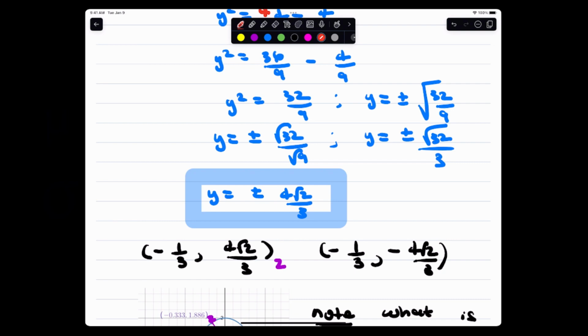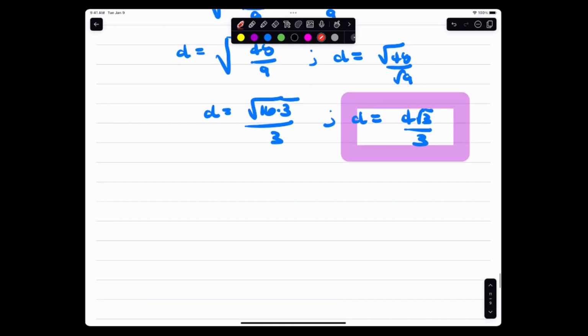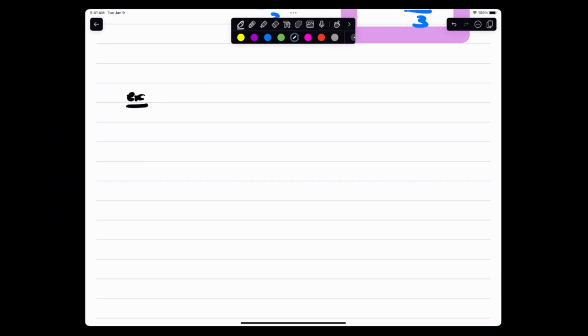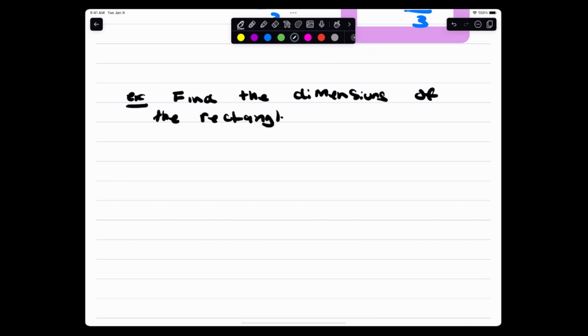And I'm going to do another variation. And I'm going to create the question. Find the dimensions of the rectangle. It's another kind of classic question.